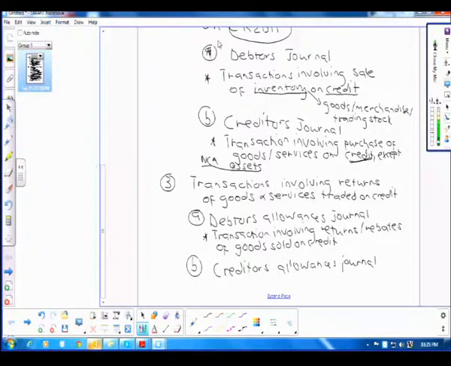If we bought goods and services from creditors and we're not happy, we can return those goods to the creditor, and that will come to the creditors allowances journal, even when the creditor had overcharged us and needs to reduce our account.